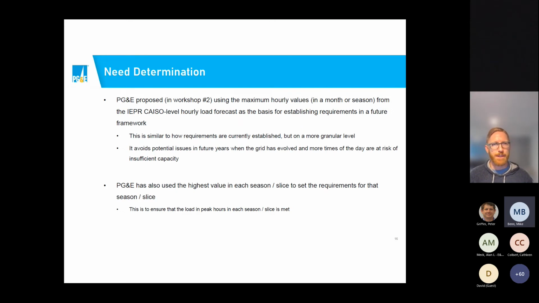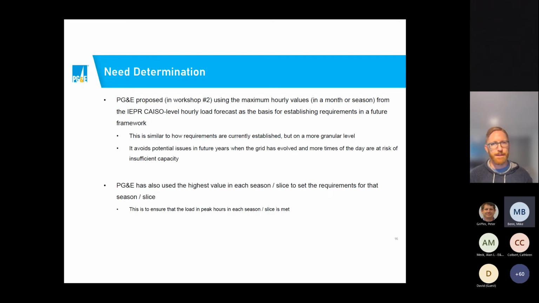And then on need determination, there's a couple of things that we had proposed in previous workshops that we want to reiterate here.